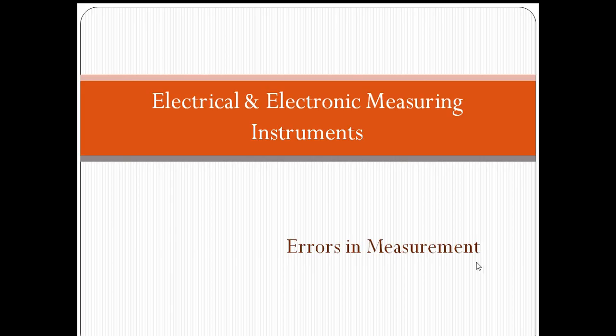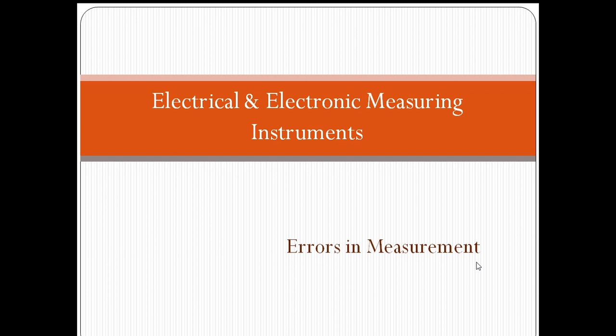In this video lesson, we will mainly focus on the errors in measurement. While taking measurements, even if you use a more and more accurate machine, we cannot measure the 100% true value without any error.